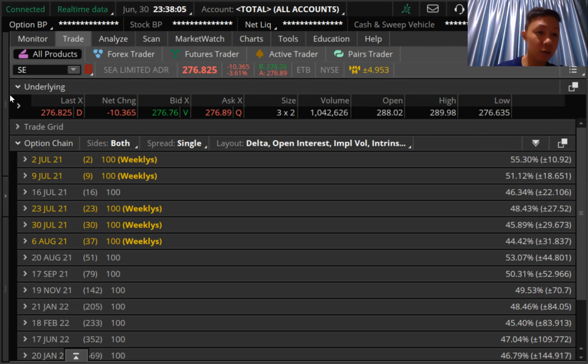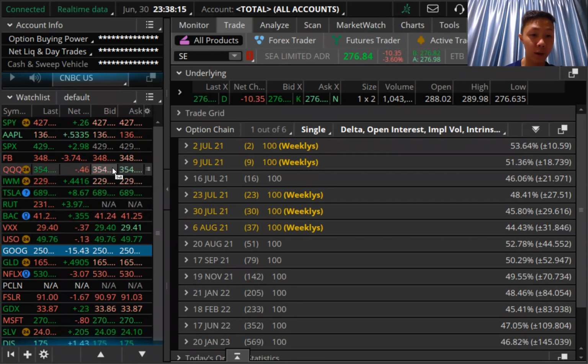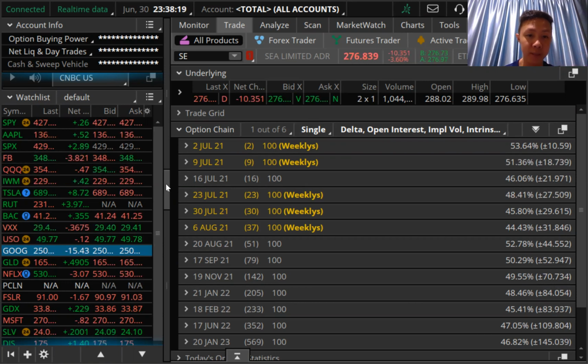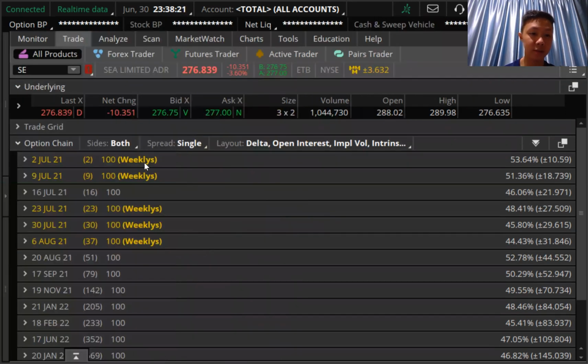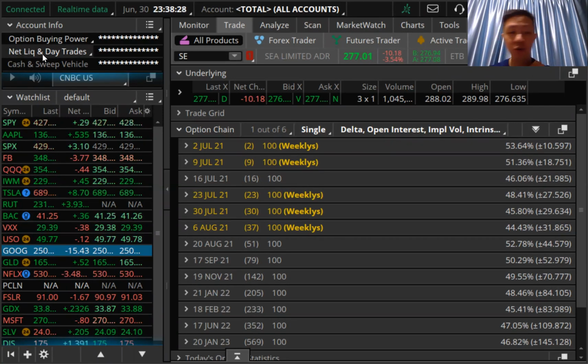All right, and also, when you first open up your Thinkorswim, you will see this. To me, these are noise. Normally, I do not want to see such things, so I just click this to minimize it. So it will look like this. And then the other thing is that over here, you might see day trades left.